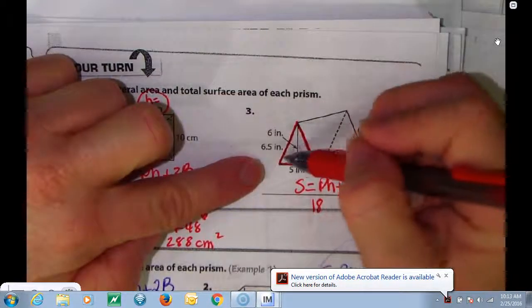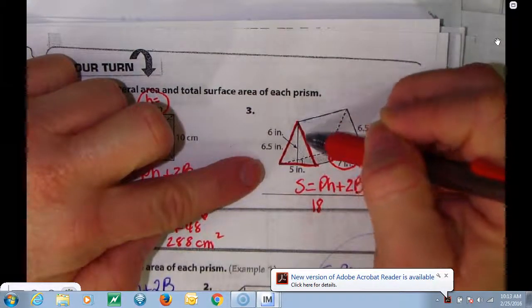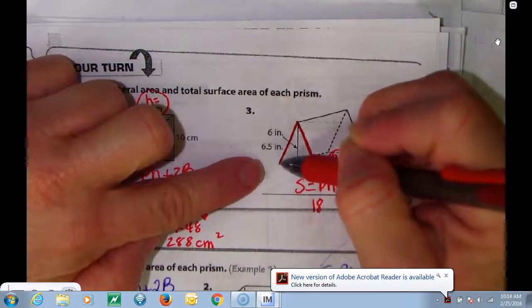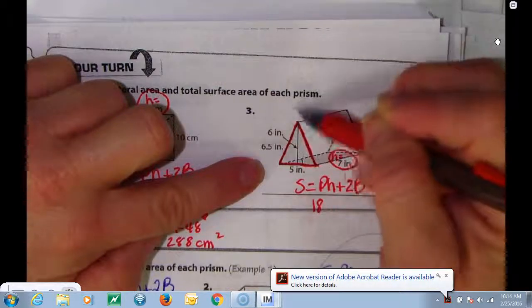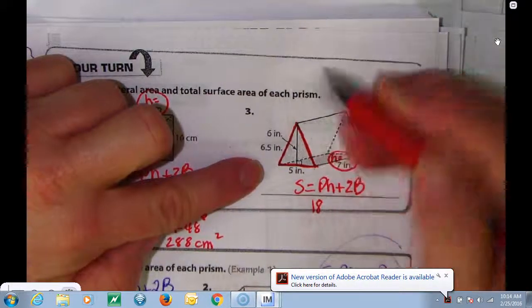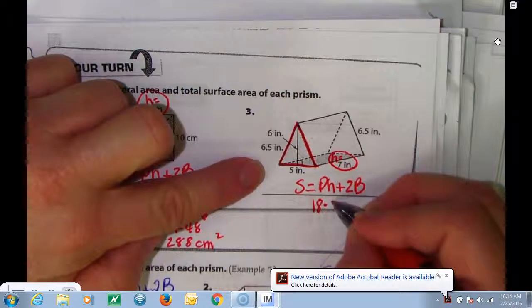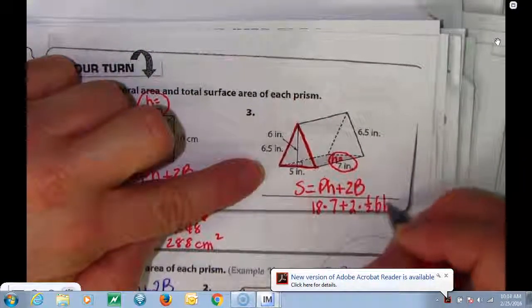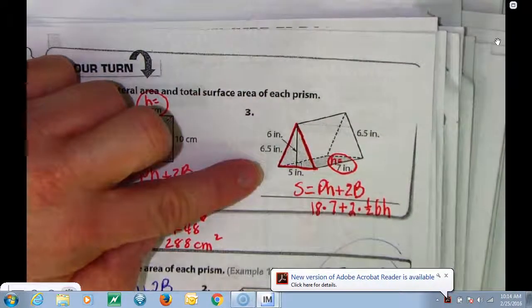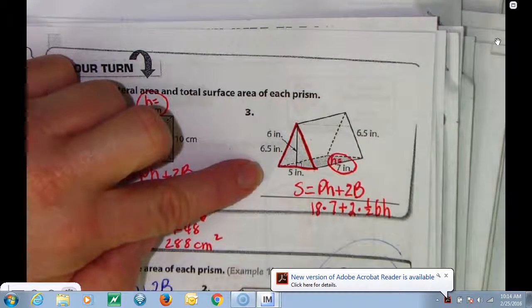What did he add? 6.5 plus 6.5 plus 5. Perimeter. You're adding around the triangle. Times 7, plus 2 times 1/2 base times height. Why am I having to write 1/2 base times height? That's how you get the area of a triangle.